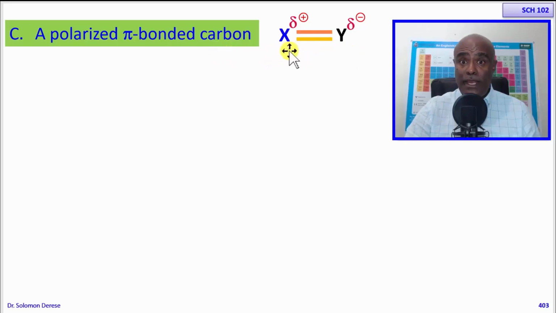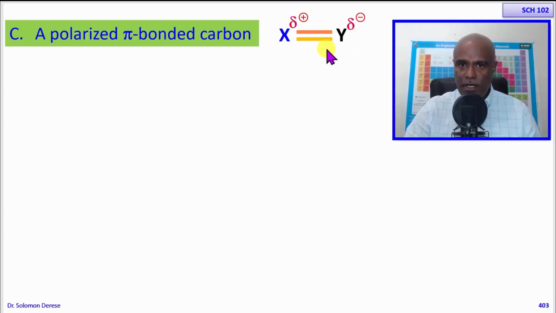We have a double bond between X and Y. The reason why X is partially positive while Y is partially negative is because Y is more electronegative than X. Y pulls the electrons of this bond towards itself, as a result having an excess of electrons on Y and a deficiency of electrons on X.